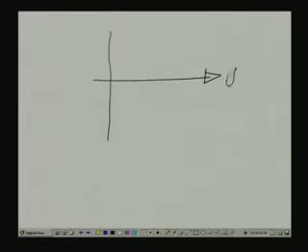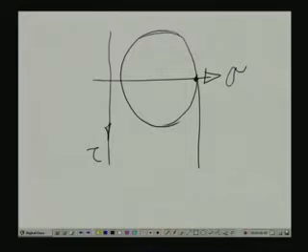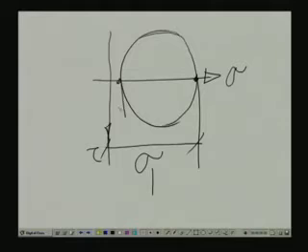Let us look into, if you remember, the Mohr circle of stress in which we had the sigma axis and the tau axis. In the Mohr circle, the point of maximum normal stress is sigma 1 and the minimum normal stress is sigma 2.